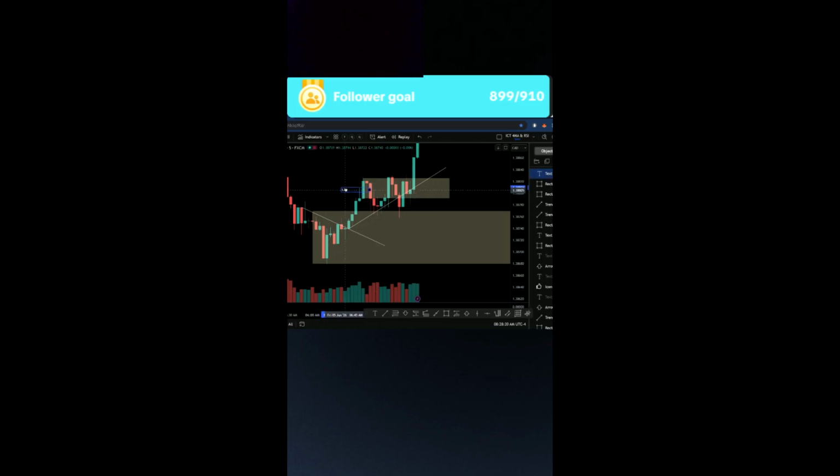Level 2 was created right here. Then it closed out, which actually created a level 3. But in terms of the region, this is still a level 2 region. And then liquidity was taken. And this is our larger time frame level 2.